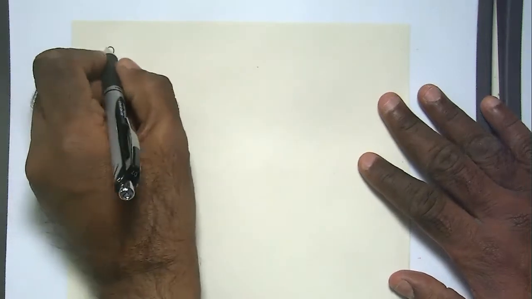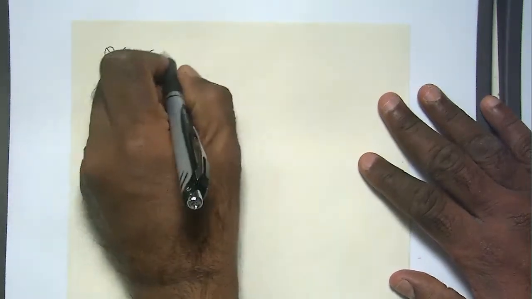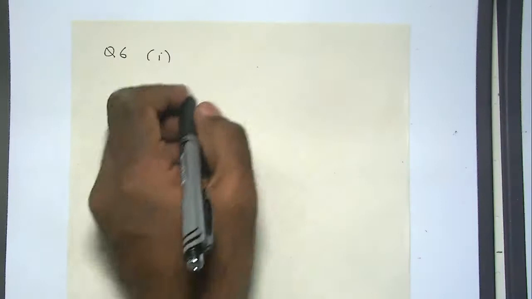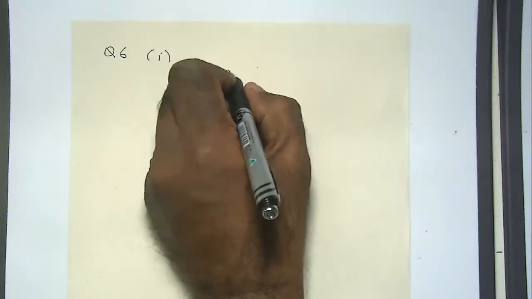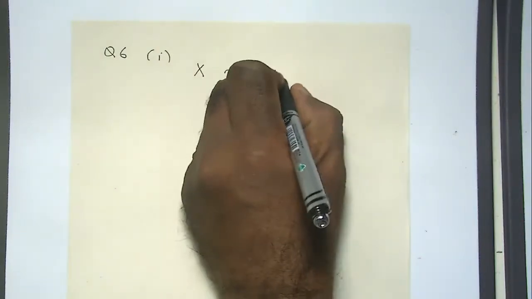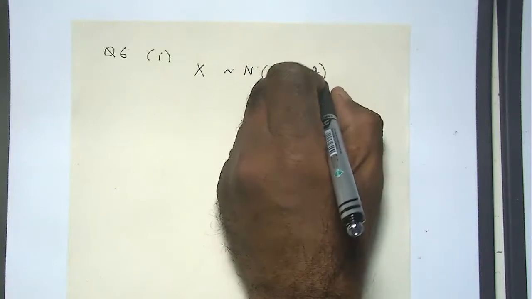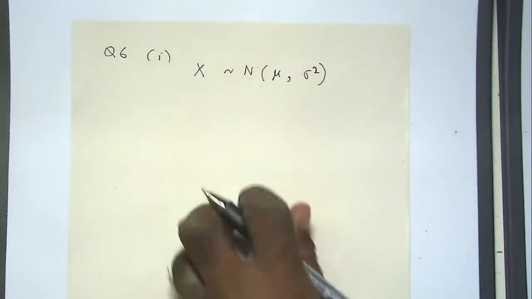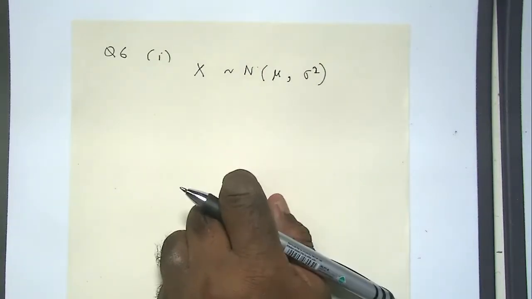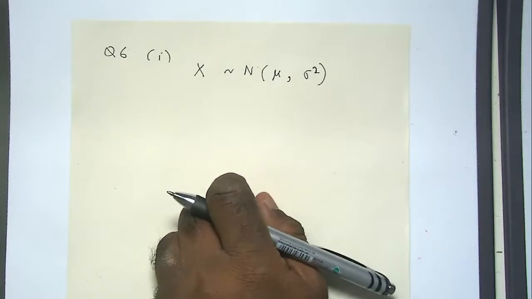You guys done? Question 6, part 1. You are given a variable x which is normally distributed with parameters mu and sigma squared. We talked about the normal distribution about 2 weeks ago, you may recall.